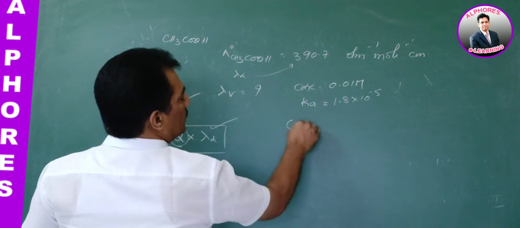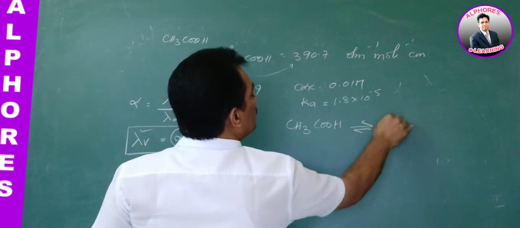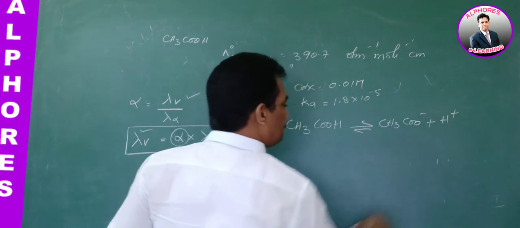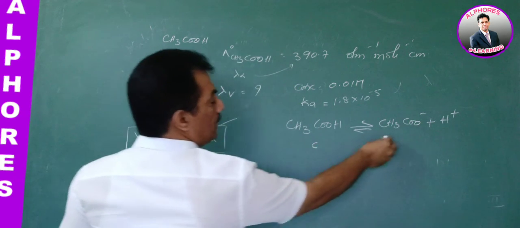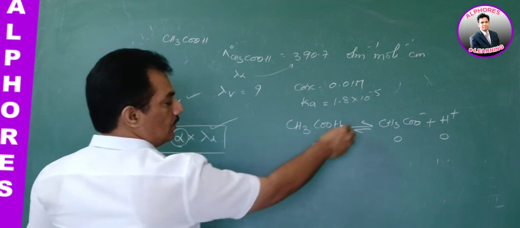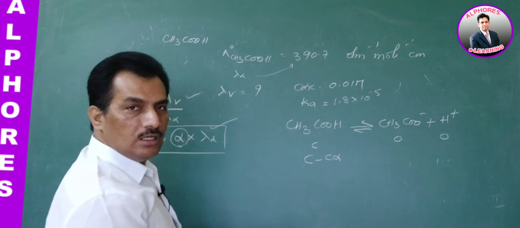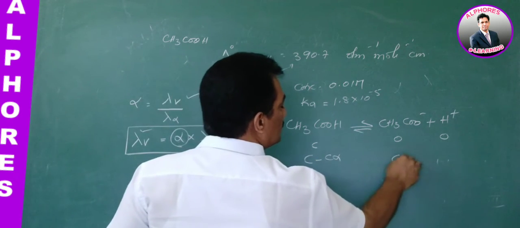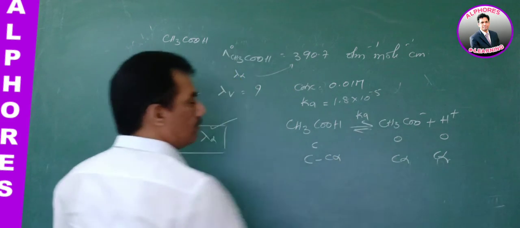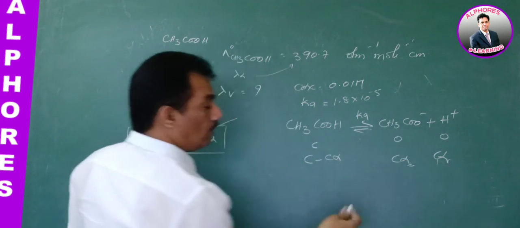Acetic acid is a weak electrolyte and it dissociates like this: CH3COOH gives CH3COO minus and H plus. In the beginning the concentration is C, 0, 0, and at equilibrium it dissociates to some extent, C alpha, generating C alpha and C alpha. This dissociation constant is Ka. Clear? And now we require this alpha. How to find it?